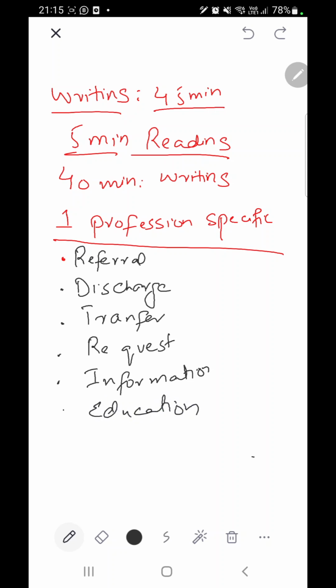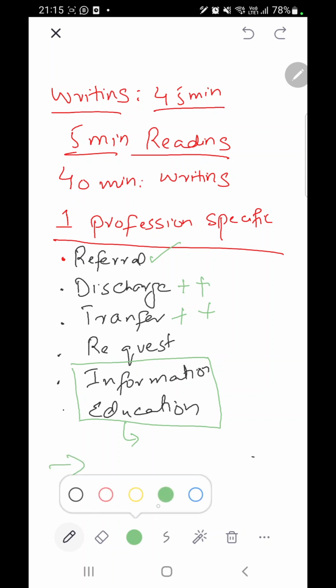So these are different types of letter we can have in our OET writing. The most common type of letter in medicine is the referral, but we can also expect the discharge letter and also the transfer, right? Information and education are not quite common letters in OET medicine, and they're more common in pharmacy. Anyhow, we still have to understand them.